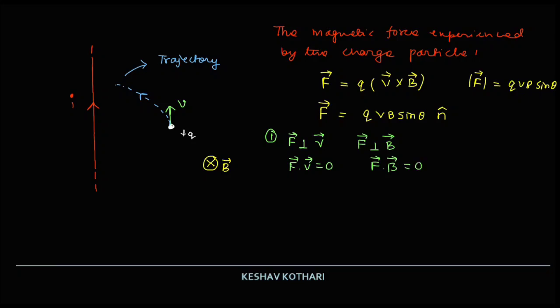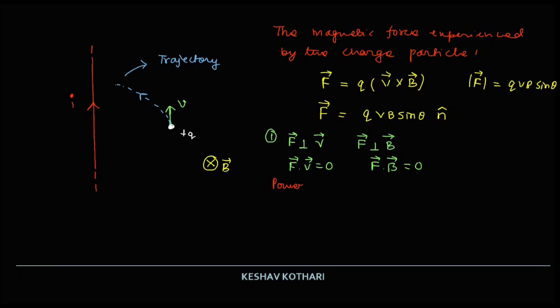So if we come to know that the charge particle is only under the influence of magnetic force and it is having a certain value of velocity and magnetic field, then F dot V and F dot B must be 0 for such a charge particle system. From this aspect, I can also say that F dot V is representing power.